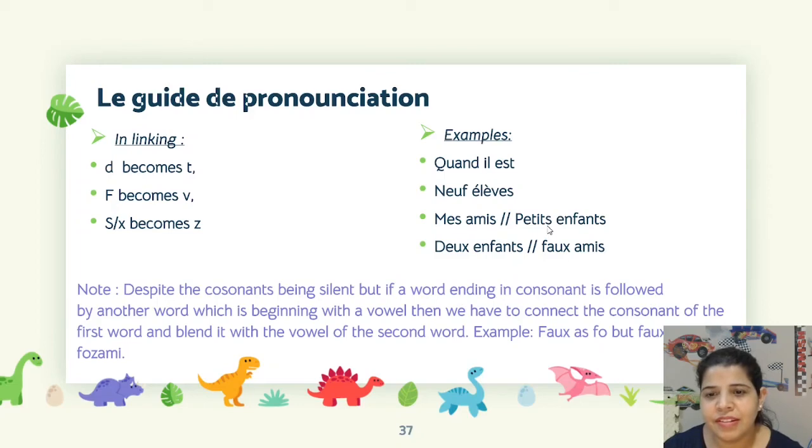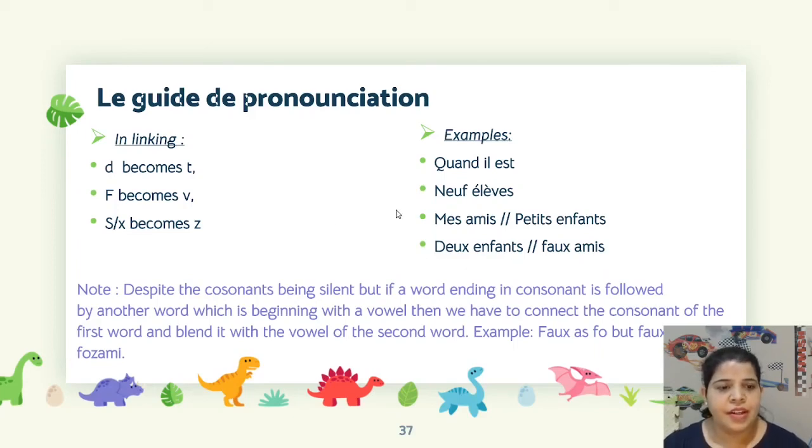When S is connected with the next vowel, it becomes Z. The same is the case with X. Deux enfants. The X becomes Z. Faux amis. X becomes the letter Z.